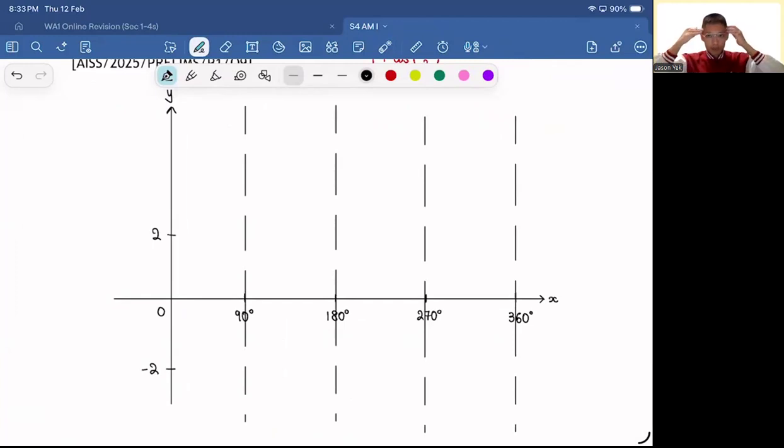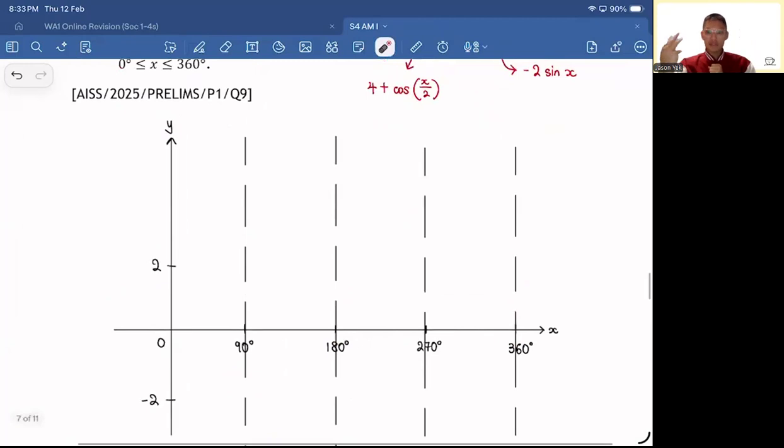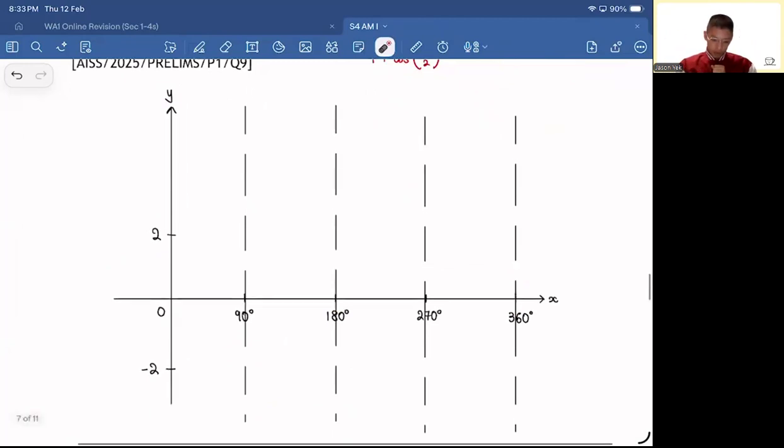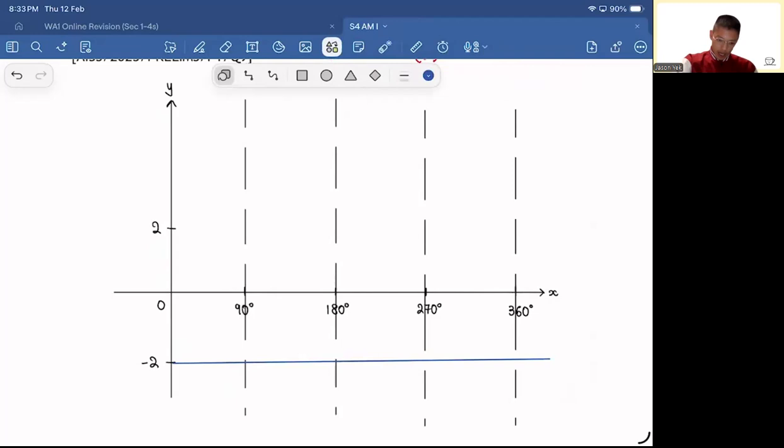If you forgot the shape of the graph, negative means the shape flips. Key in the calculator what sine 0, sine 90, sine 180, sine 270, sine 360 are for g(x), if you really forget the shape. One additional thing I like to do is to draw two horizontal lines at the maximum and the minimum.